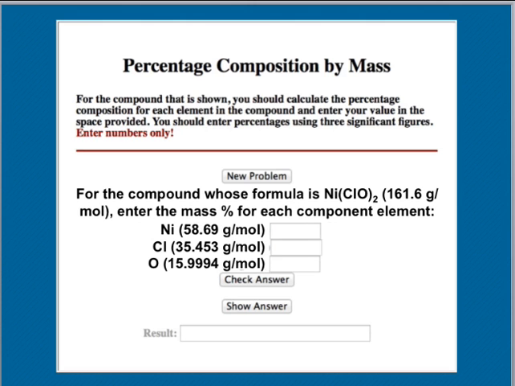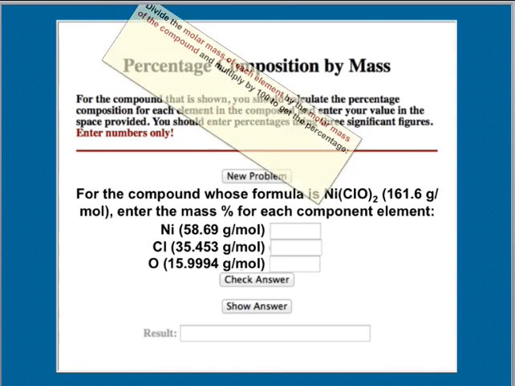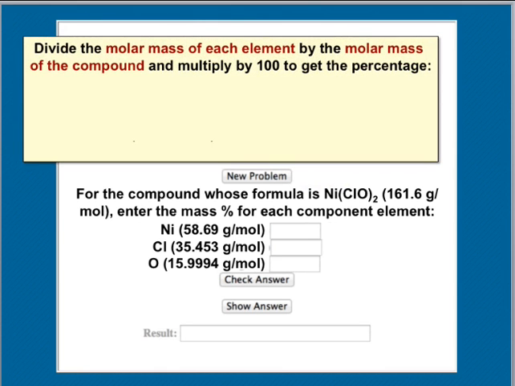This stuff is 161. Therefore, to do the nickel, we simply say we have 1 at 58 divided by 161, or 36%.